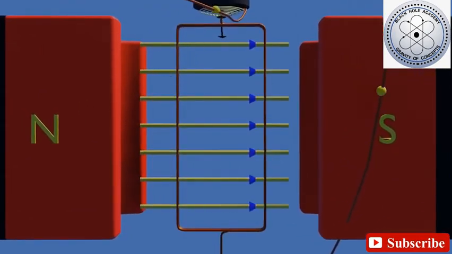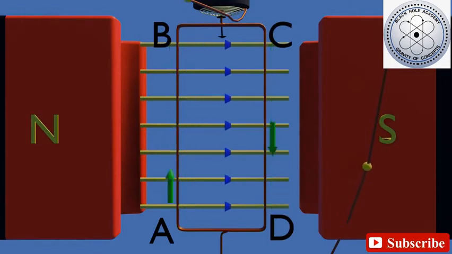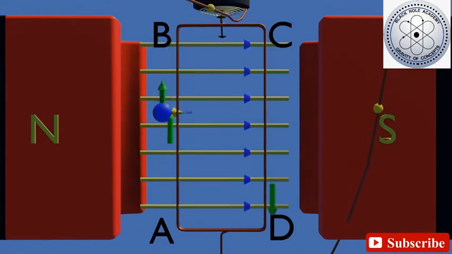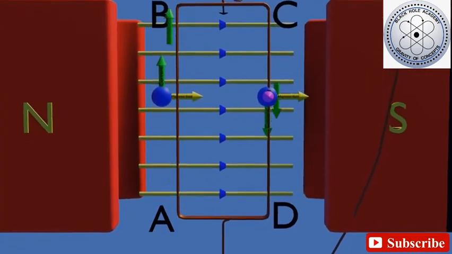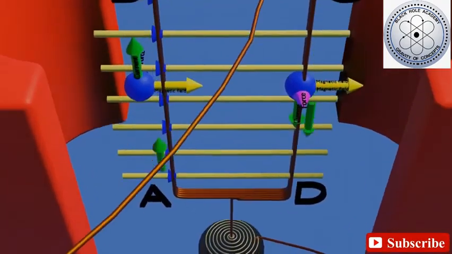When the current is allowed to pass through the coil, current starts flowing from A to B in the left arm of the coil and from C to D in the right arm of the coil. As we can see in the animation, in arm AB the direction of the current is upward, and in arm CD the direction of the current is downward, while the direction of the magnetic field is from north to south for both arms AB and CD.